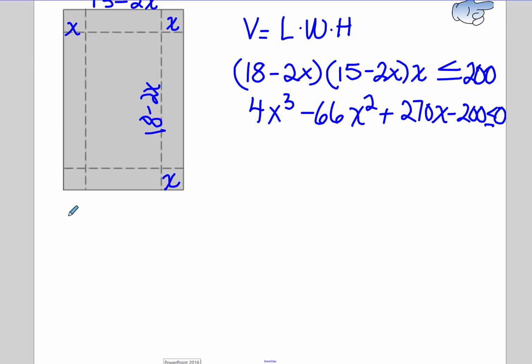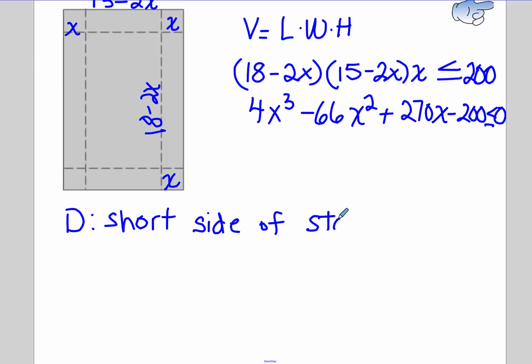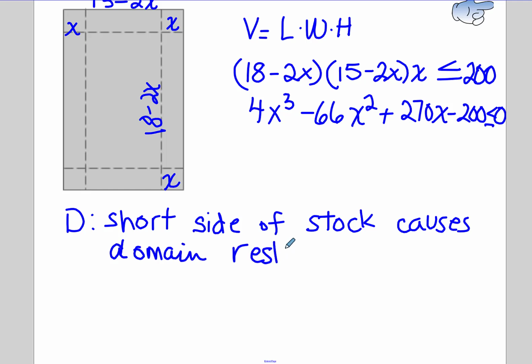So we would have to say, Houston, we got a problem here, because the short side of the cardboard, I'm going to call it the stock, causes a domain restriction. And that restriction would be half of that.